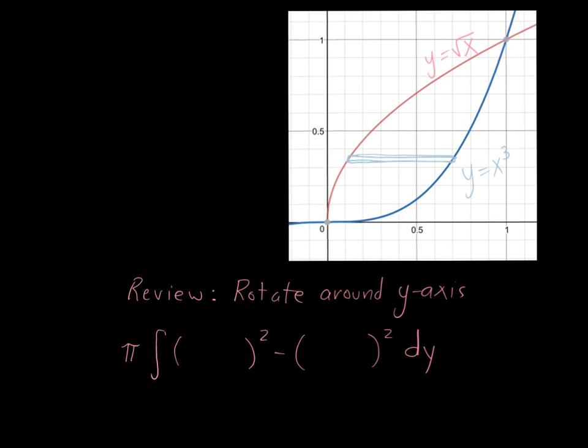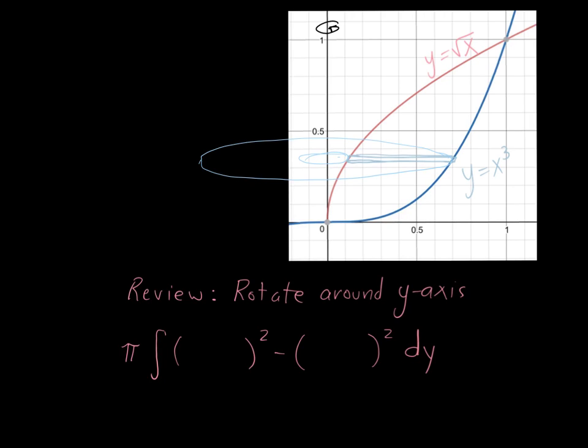Okay, now this shape is contained within the graphs of the square root of x, which is the red graph, and x cubed, which is the blue graph, and we're going to spin this one around the y-axis. So we had to tweak our process slightly if it was a y-axis axis of revolution, because the washer that we were forming now is what I'd call a horizontal washer.